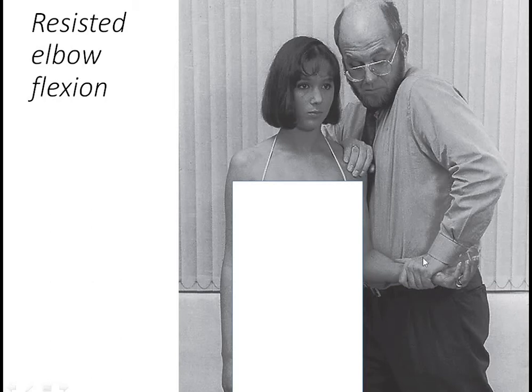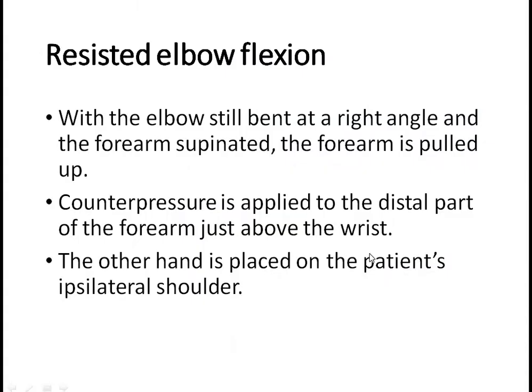So she will try to flex that elbow while the therapist will apply counter pressure and will try to prevent any movement, any flexion further than 90 degrees at the elbow joint. The counter pressure is applied to the distal part of the forearm just above the wrist. The other hand is placed on the patient's ipsilateral shoulder.